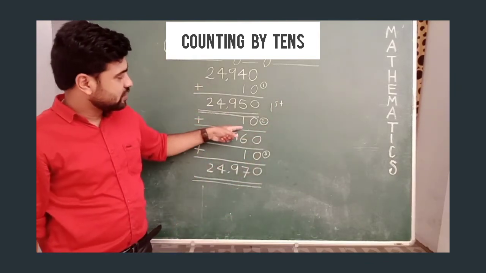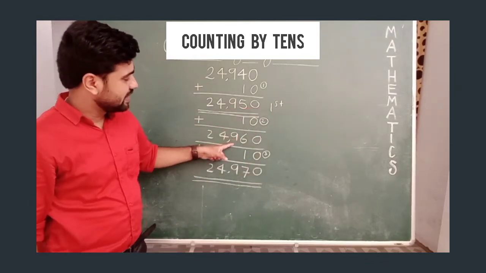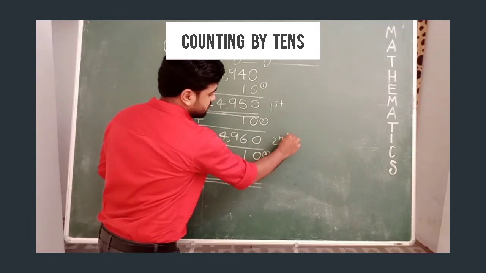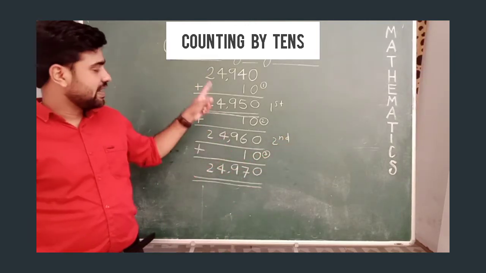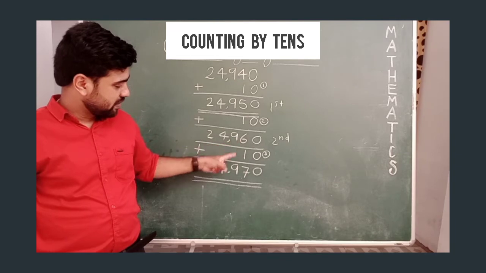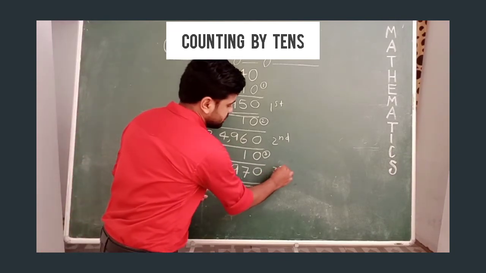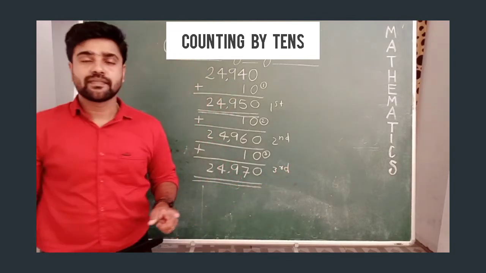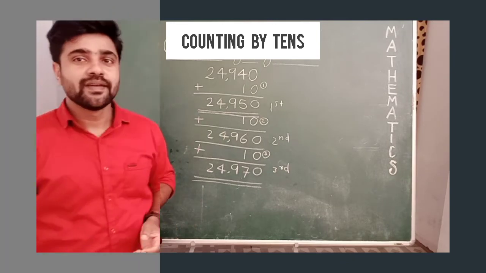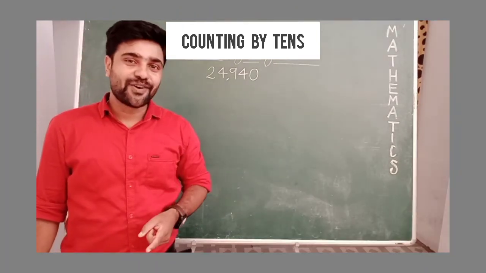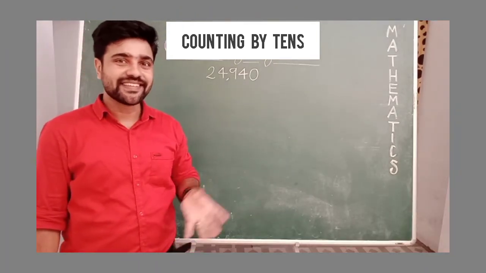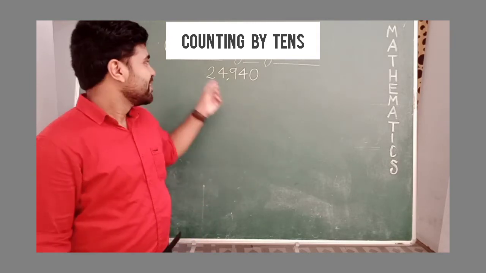Then add 10 to the first number, then we will get the second number. Again, add 10 to the second number, we will get the third number. Hope you understood.